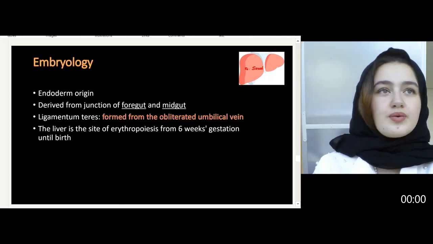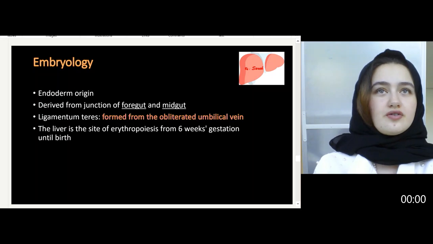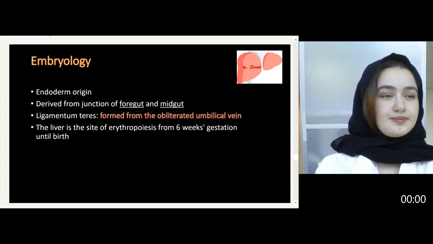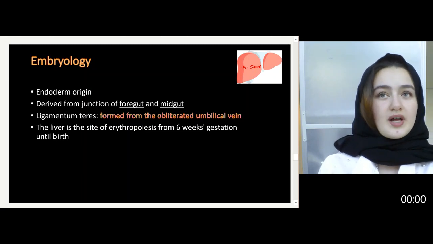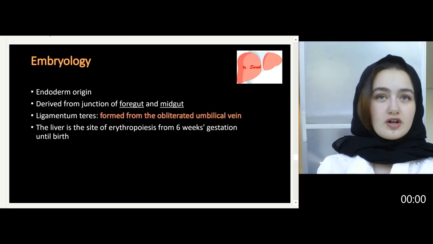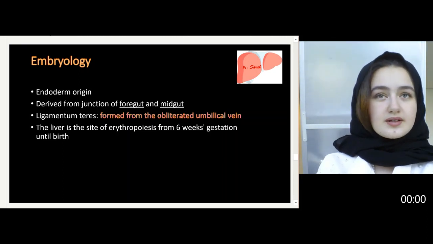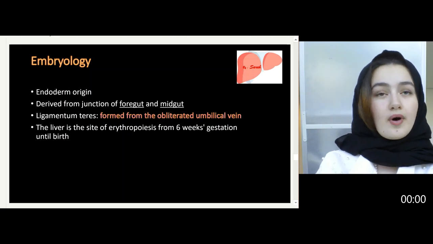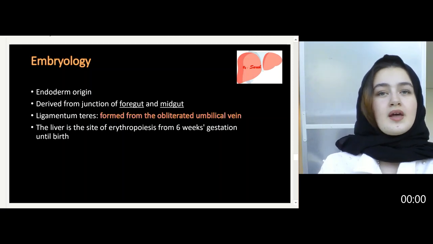So next, we will see the embryology of the liver. So the liver's origin is from endoderm, and it is derived from the junction of the foregut and midgut. But the liver is mainly a part of the foregut.